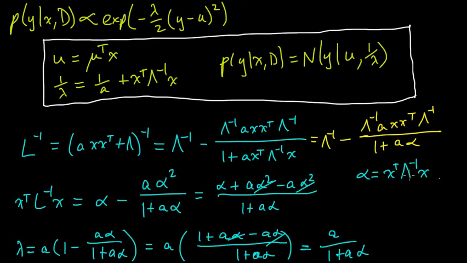We know that lambda, because it's a linear algebra fact that since the covariance matrix is positive semi-definite, then, in fact, the covariance matrix was positive.